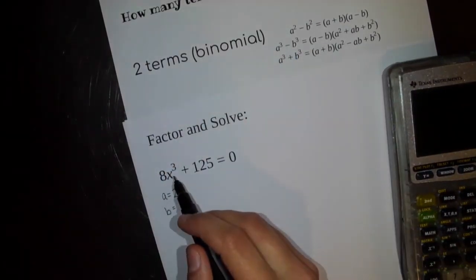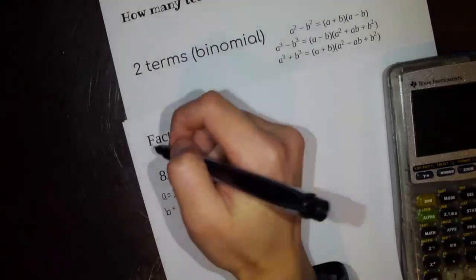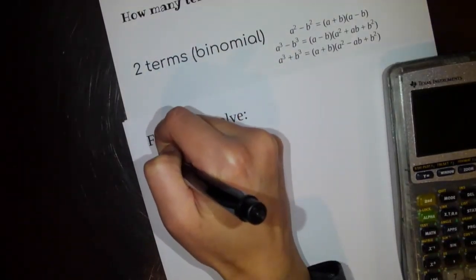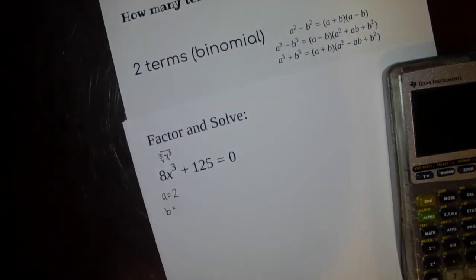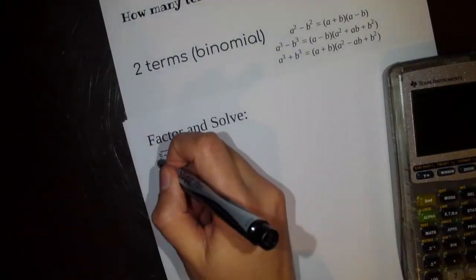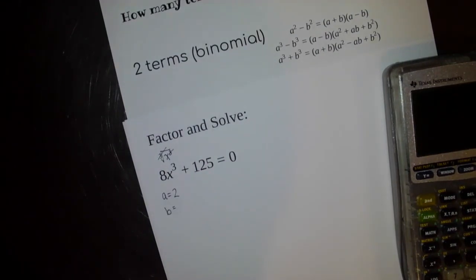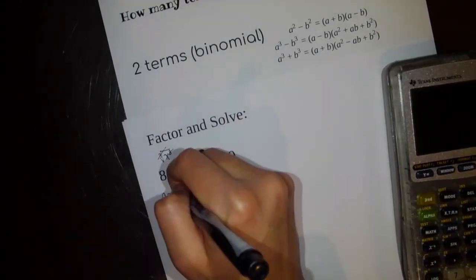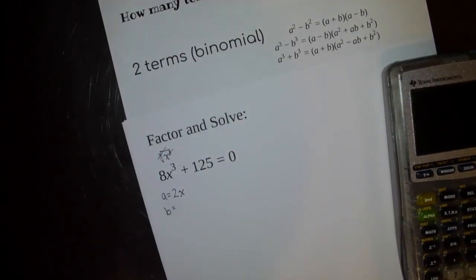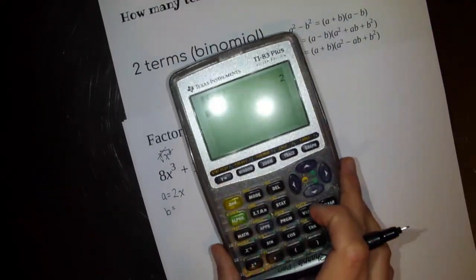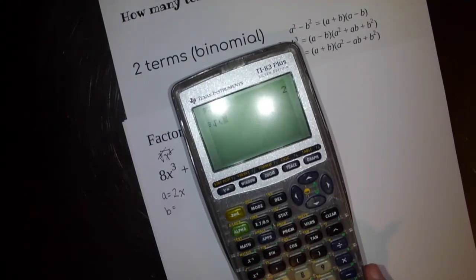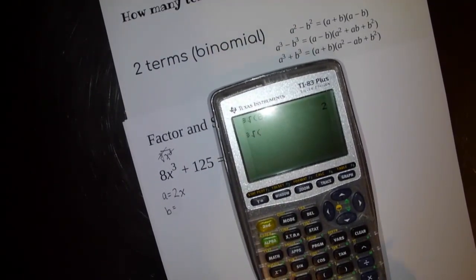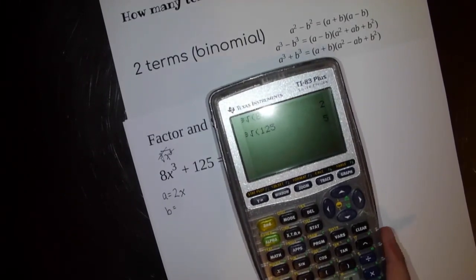The cubed root of x cubed. So let me just write this out. Cubed root of x cubed, that's like when we have the square root of x squared, how it cancels out the exponent. So I would just be left with x. 125, again, I can use the math key down to number 4, root 3, or cubed root, and the cubed root of 125 is 5.